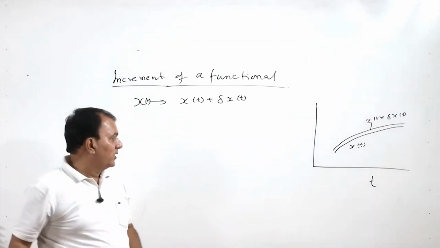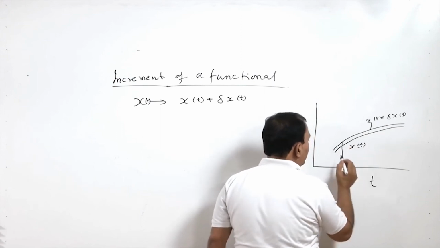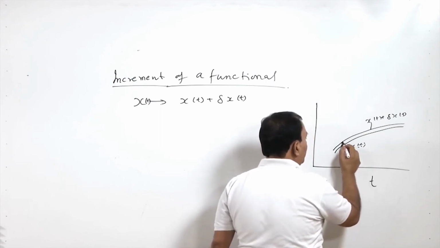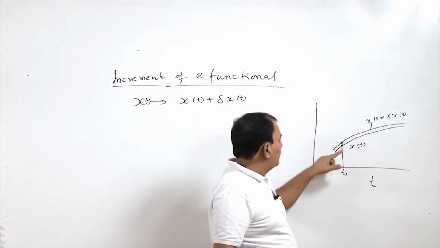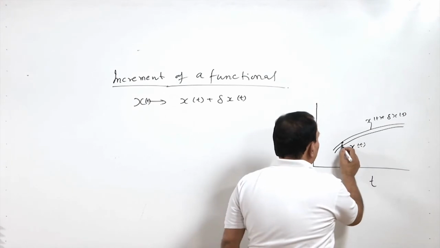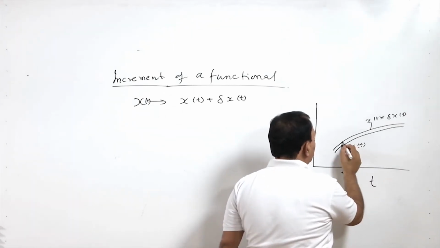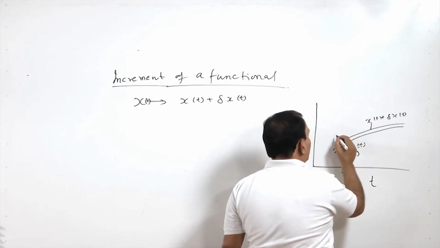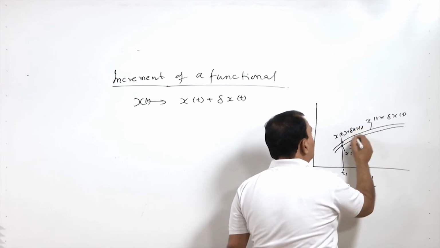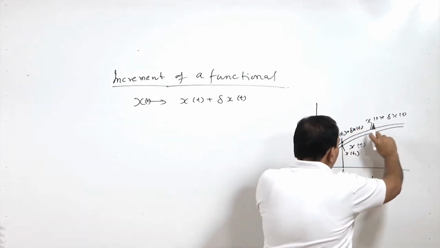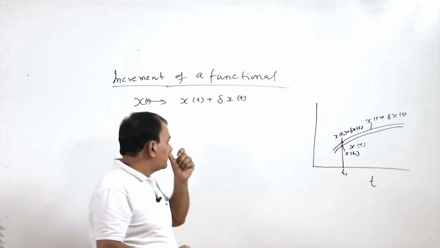This means at each t1 there will be a change in the value of x by a small amount. So this is x(t1), and this is x(t1) plus delta x(t1). So delta x(t) is also changing with respect to time.